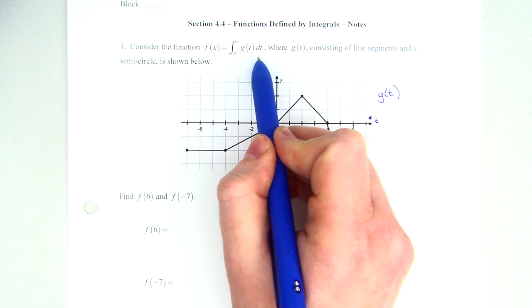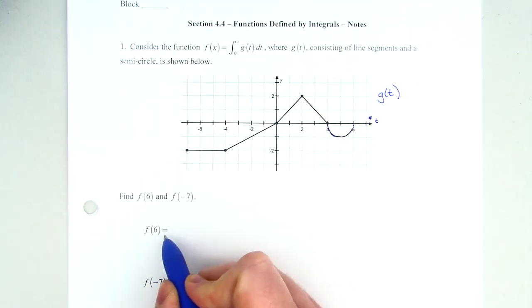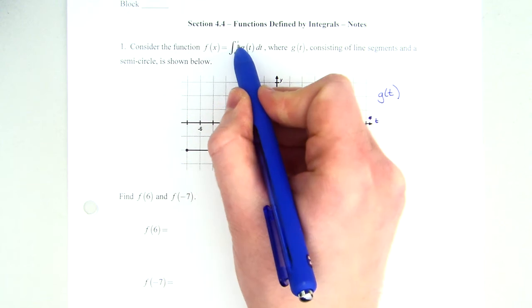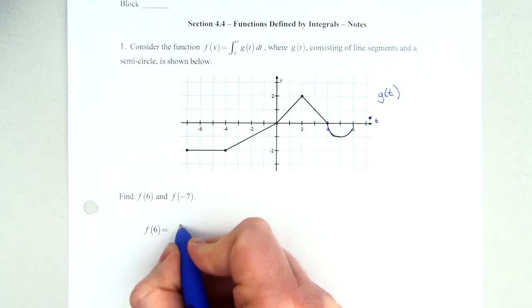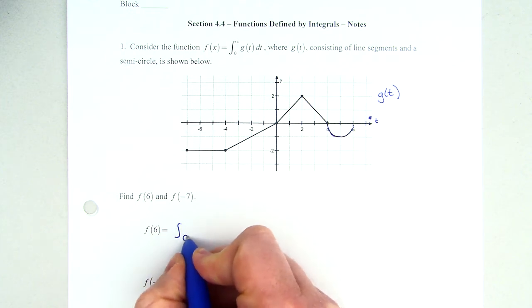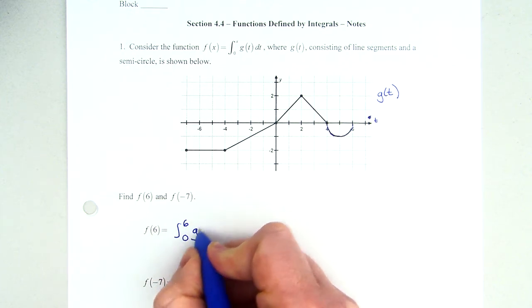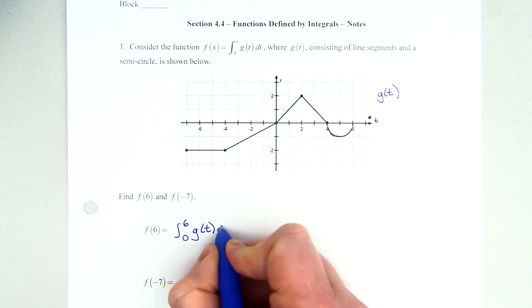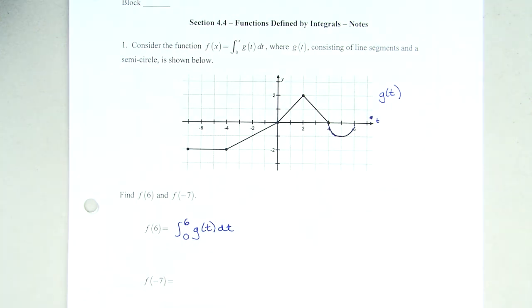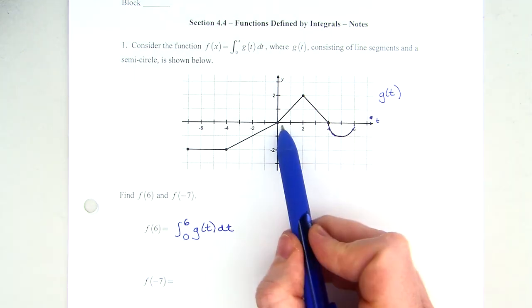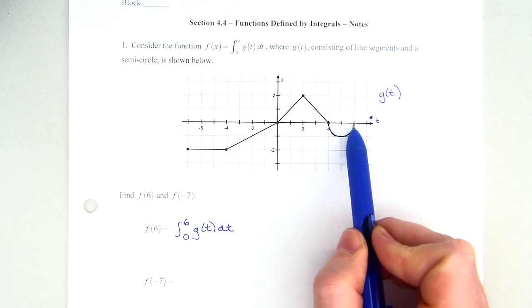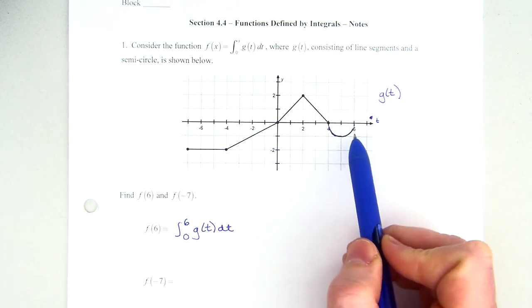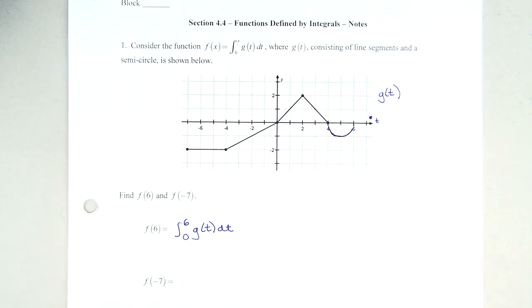So really, f of 6 means I'm going to plug in 6, not really into the function itself, but as that upper limit of integration. f of 6 is the integral from 0 to 6 of g of t dt, which means f of 6 is going to be the signed area under that g function starting from 0 going to 6. Well, I think you can figure that out. What are you going to get for that?